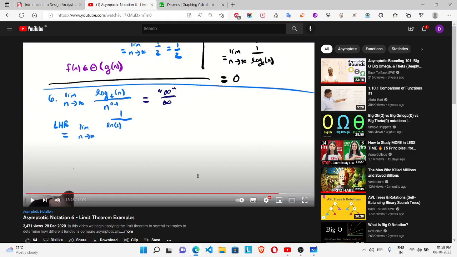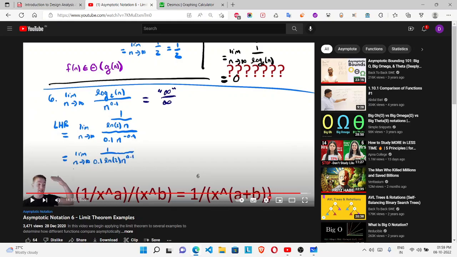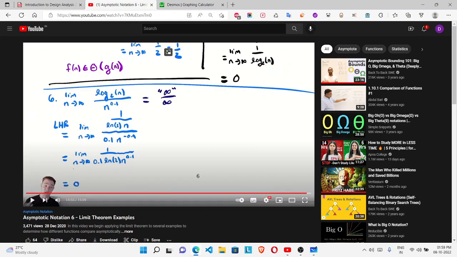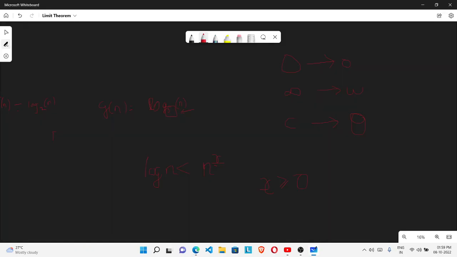Okay, he's using L'Hospital's rule, where you differentiate both the numerator and denominator when both are tending to infinity. Okay, so he got, yeah, this is correct, what I said earlier.